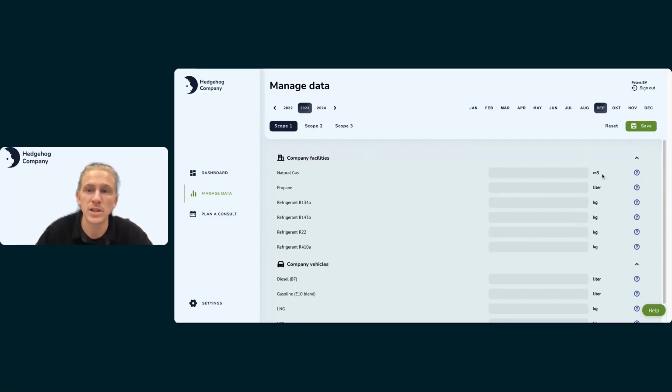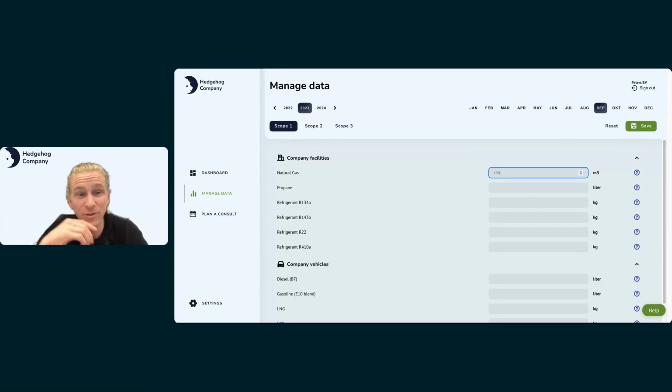The units are listed just next to your input field. So, for example, when I'm consuming 100 cubic meters of natural gas, I'm filling in 100 here. If you are consuming 100 liters of natural gas, please do not forget to transform those liters to 0.1 cubic meters, or to the right unit, which is listed on the right side.